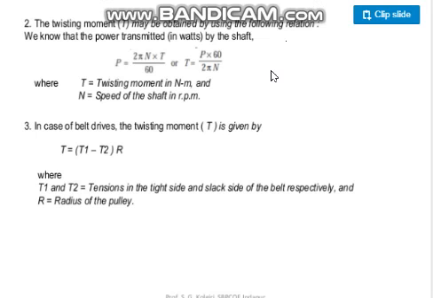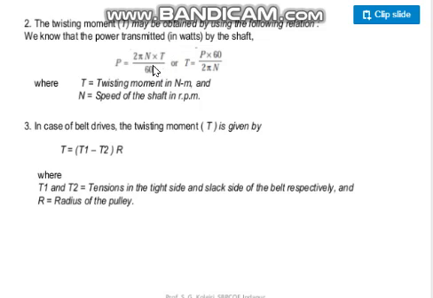One more thing I want to tell you. Yesterday we were talking about the formula P is equal to 2 pi n T upon 60. Here T is the torque or the twisting moment. Sometimes it so happens that you have mean torque and maximum torque, like T mean or T max.